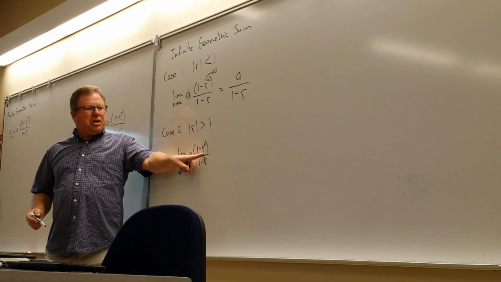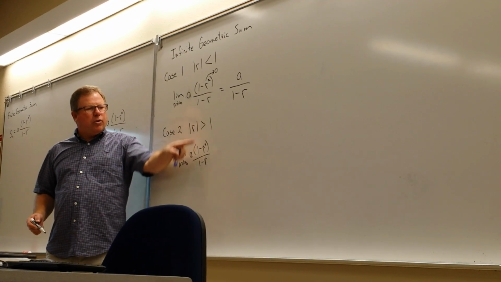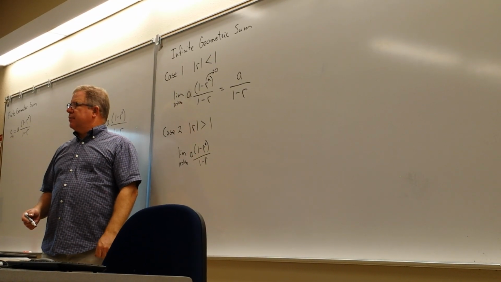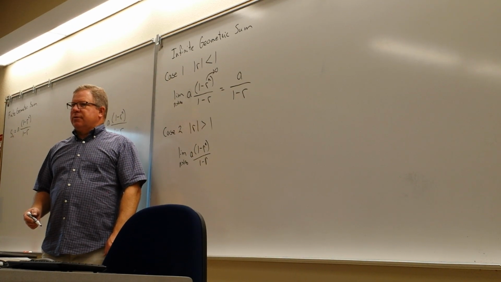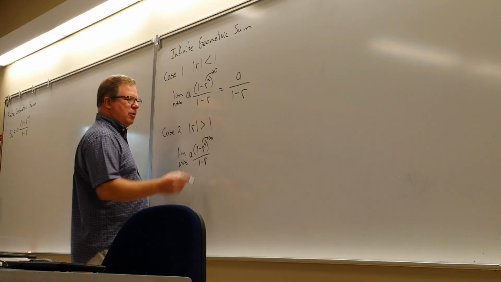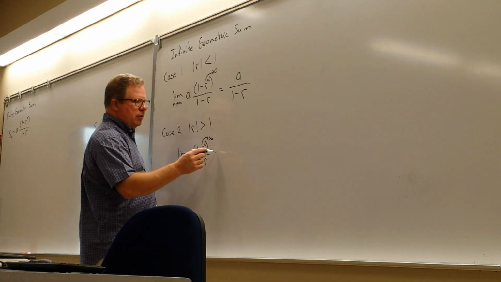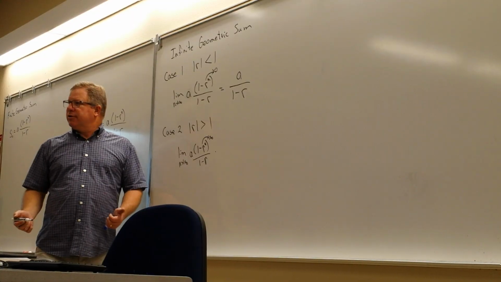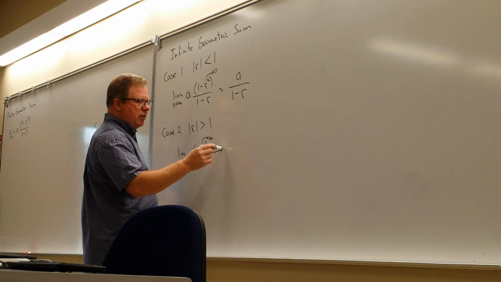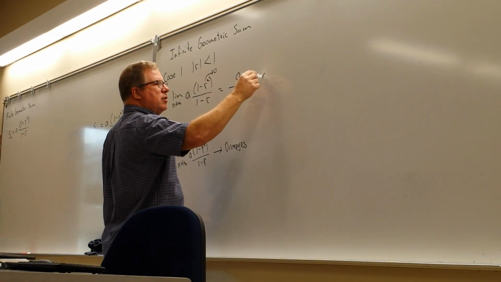If R is 3, or if R is 7, or if R is 1.1, anything greater than 1, what happens to R to the n? Goes to infinity. And this whole thing, if the numerators go to infinity, it diverges, right? Yeah. This thing diverges. Up here we could say converges.